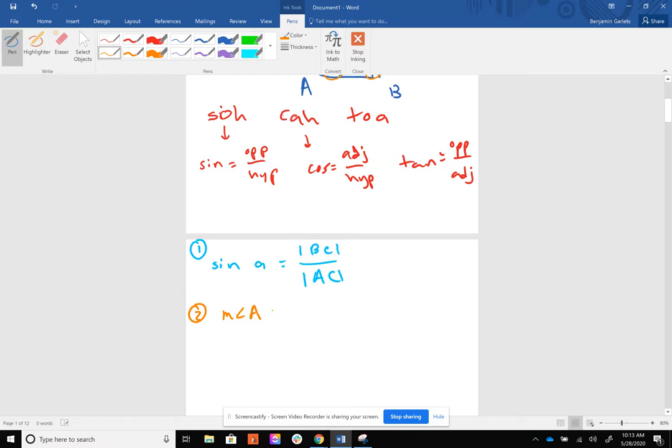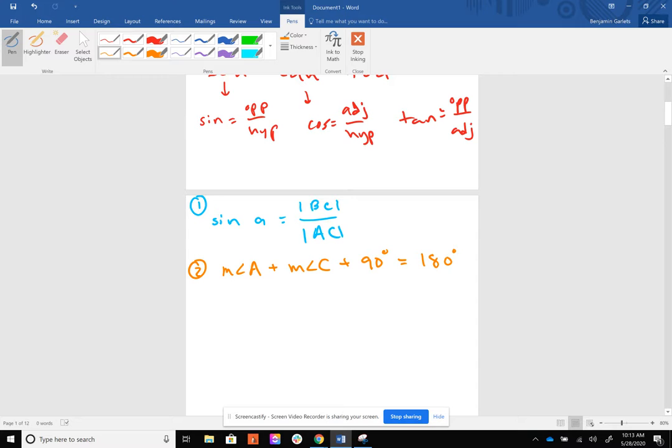Measure of angle A plus measure of angle C plus measure of angle B all add up to 180 degrees. So I can simplify this, right? We could subtract 90 from both sides. And then we're left with our complementary angles. Measure of angle A plus measure of angle C is equal to 90 degrees.